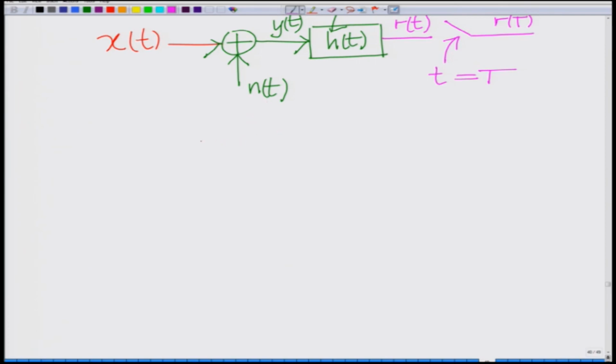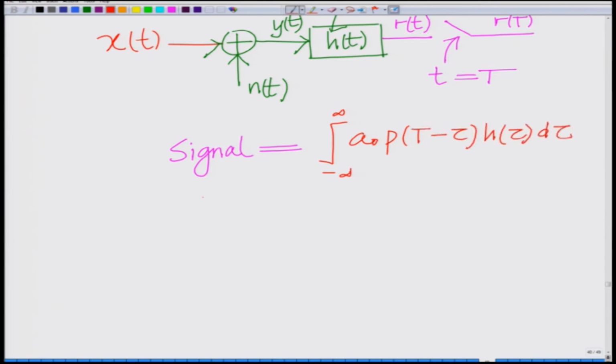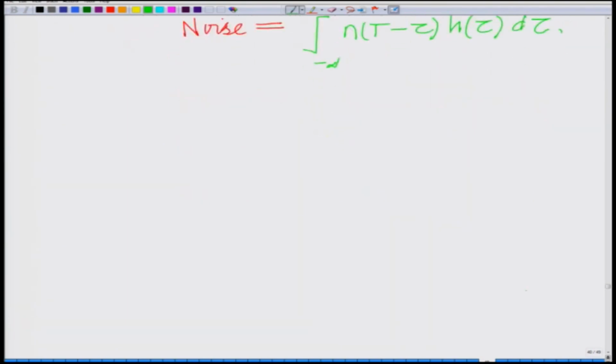The signal component of r(T), that is the signal at the output of the sampler, is the integral from minus infinity to infinity of A naught p(T minus tau) h(tau) d tau, and the noise is the integral from minus infinity to infinity of n(T minus tau) h(tau) d tau.